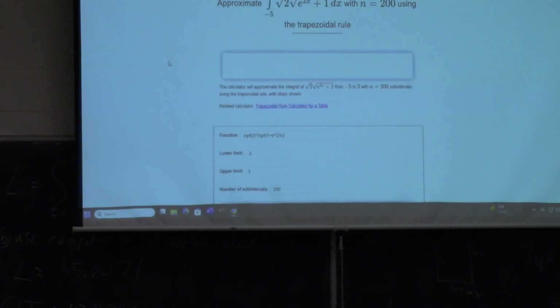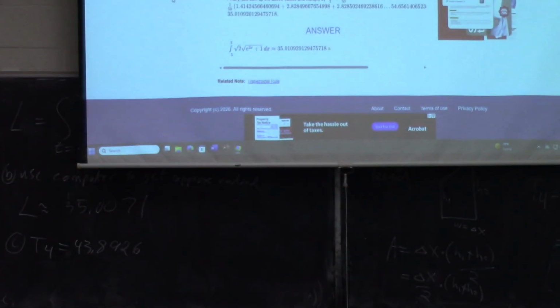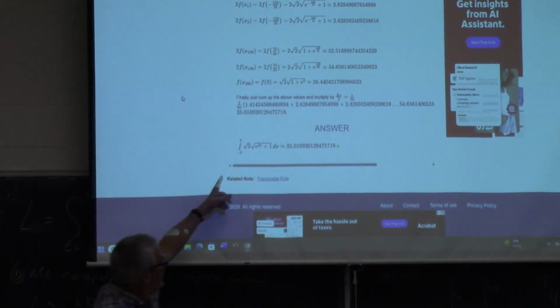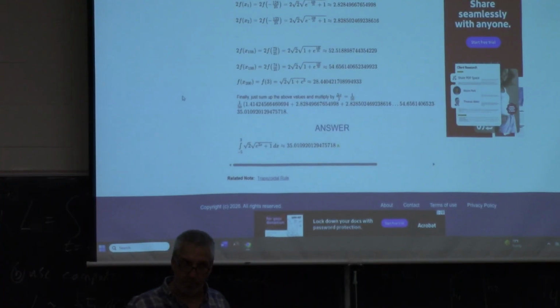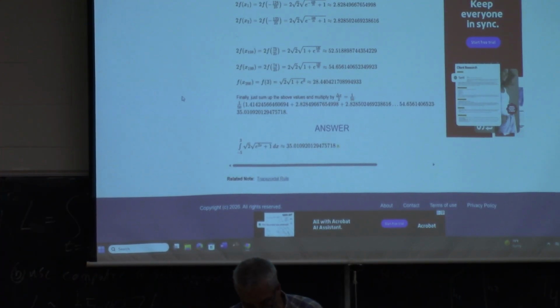If I use 200 trapezoids, look at that. 35.011. So much better. So what's the problem here? Why was T4 so bad? Well, it's because this graph has some really sharp turns, so that the trapezoid rule does not work well unless you have a lot of trapezoids.